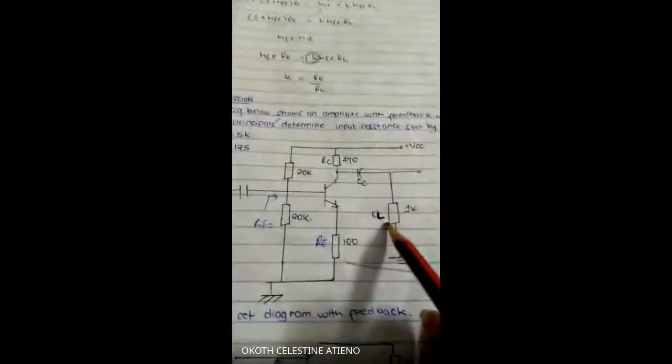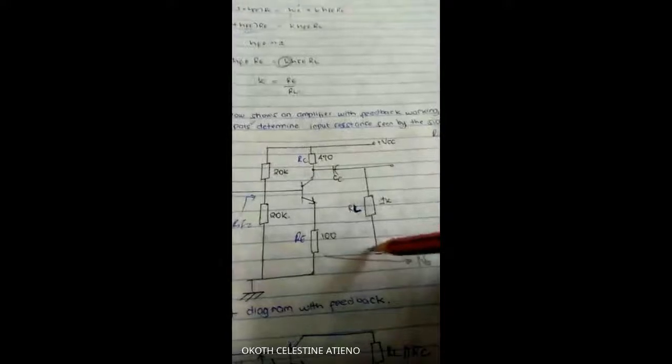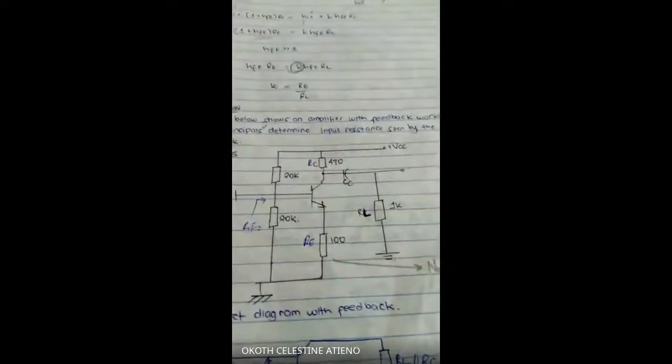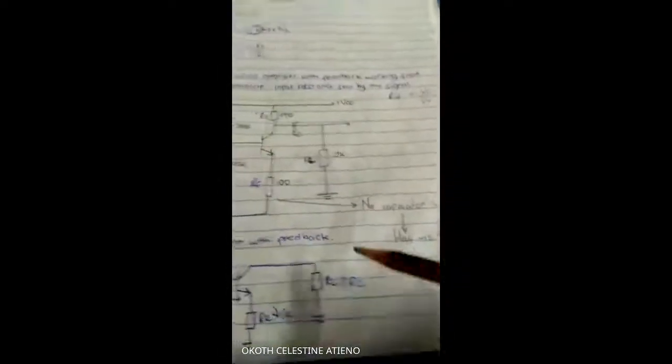So this is our circuit. The first thing you note about this circuit is that there is no CE here, no capacitor. So automatically we know it has negative feedback. That is how you would be looking at such circuits.